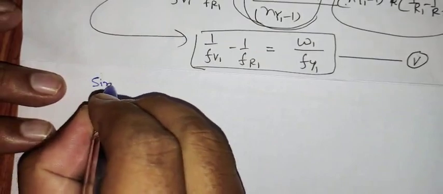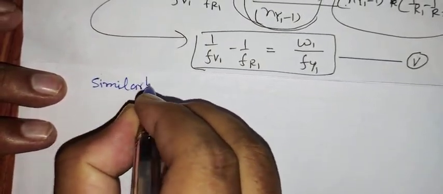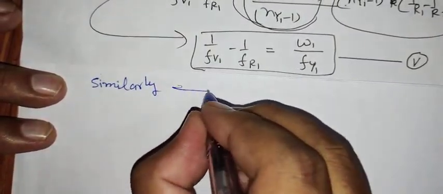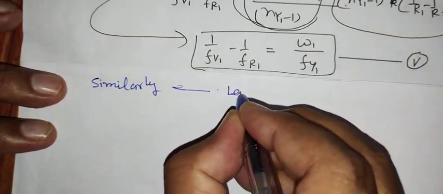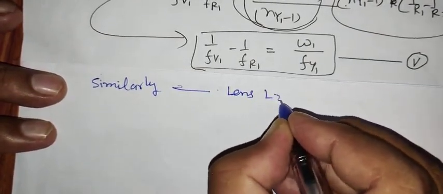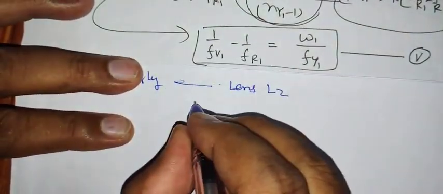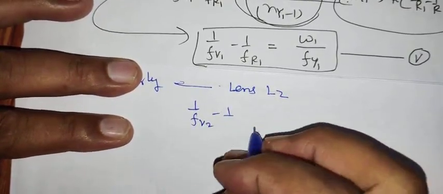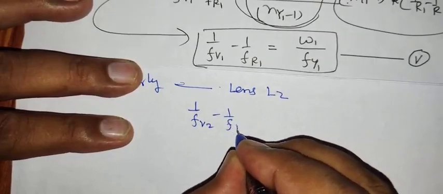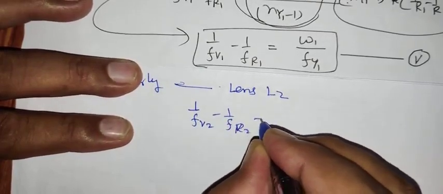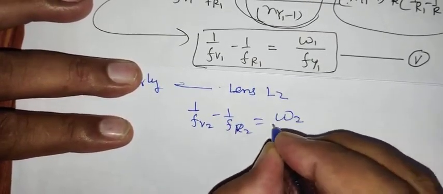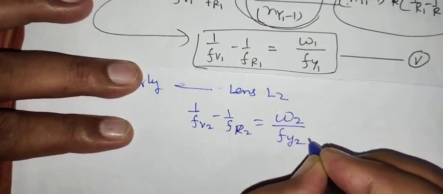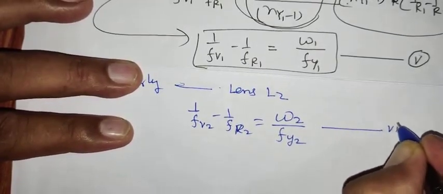Similarly, we can write for lens L2, that is 1 by fv2 minus 1 by fr2 is equal to omega 2 by fy2, equation number 6.